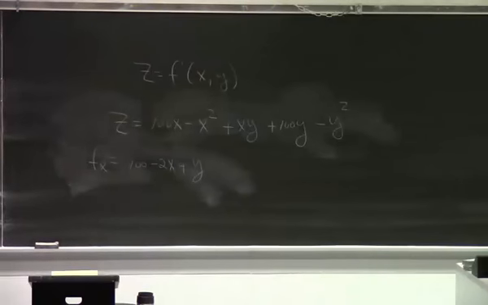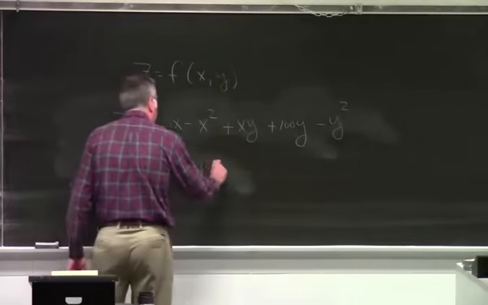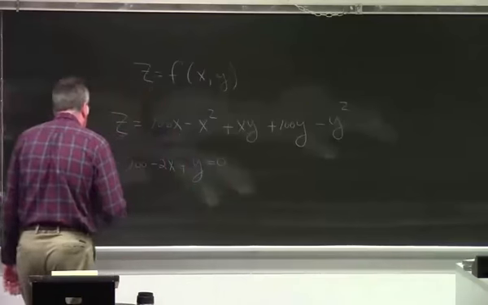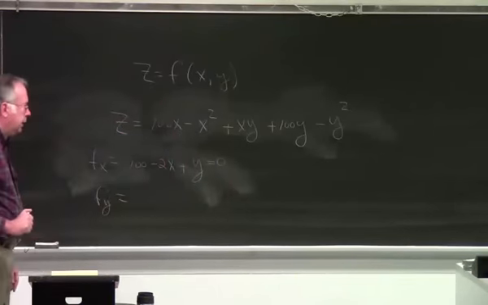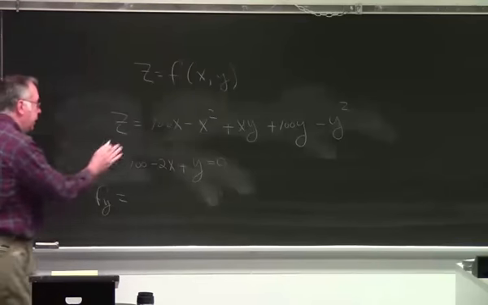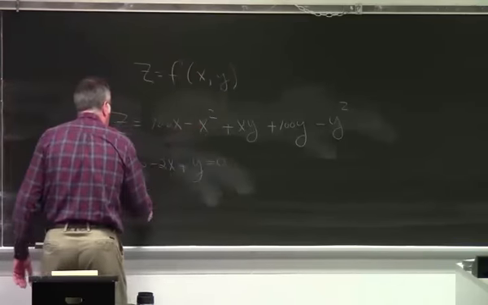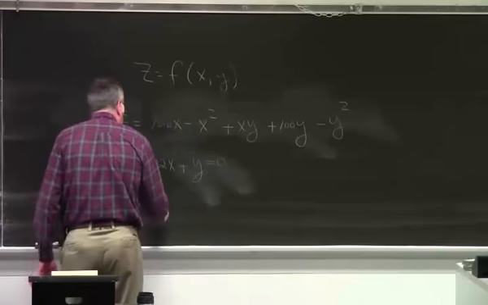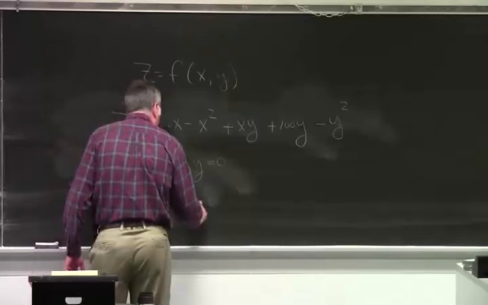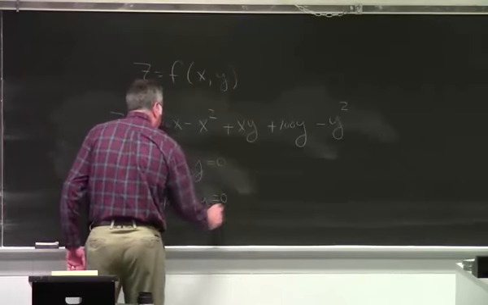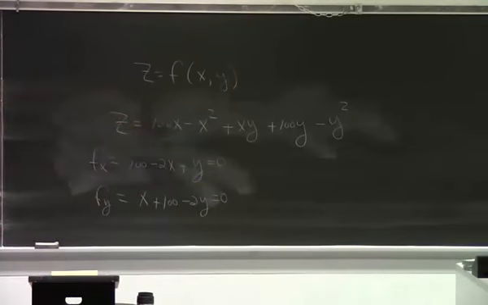So you set this equal to 0. And then we look at the partial derivative of this function with respect to y. Doing this, we get x plus 100 minus 2y equals 0. Okay, so those are our first order conditions. Are we all good so far?